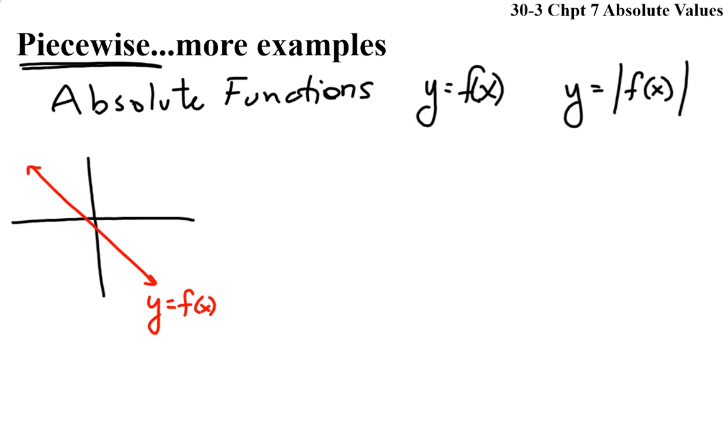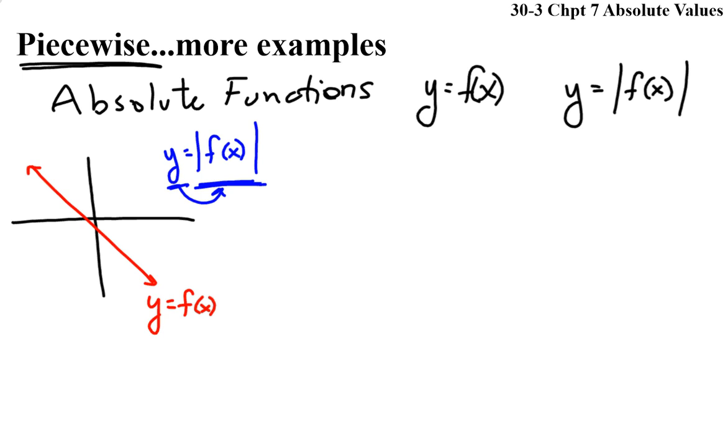Well, if I want to now graph the absolute of that same function, what happens? Because it's the absolute, our y values are absoluted, so all the y values have to be positive.